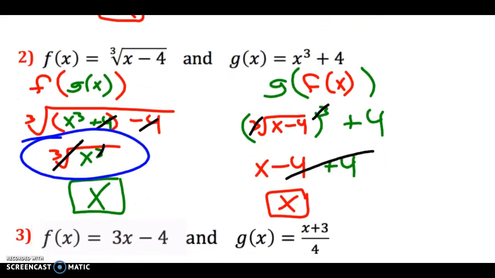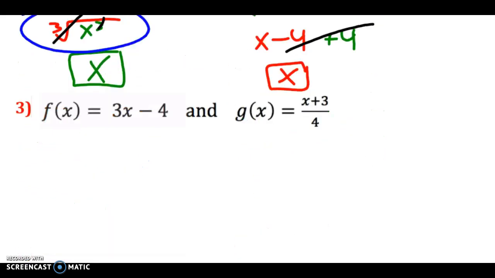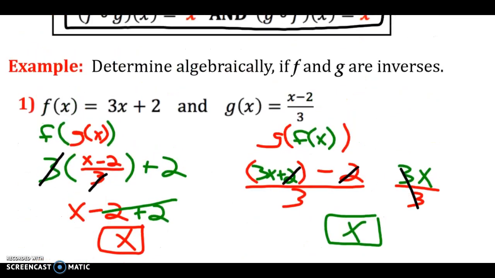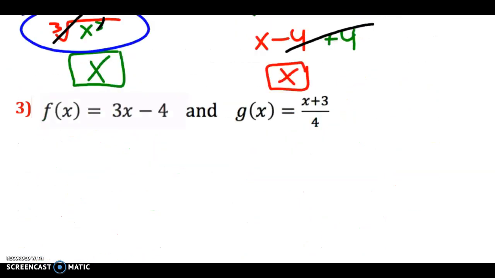Let's go one last and final example. Is this the same one that we just did up above? Nope, it's not. Very similar to the one that we just did up above. So we're going to set up f of g of x. The f function states 3 times something minus 4.